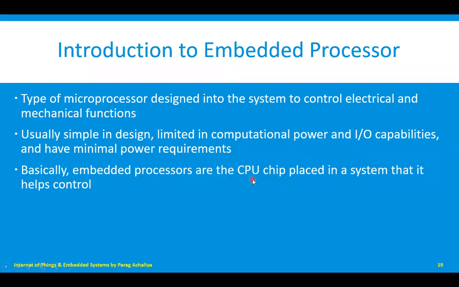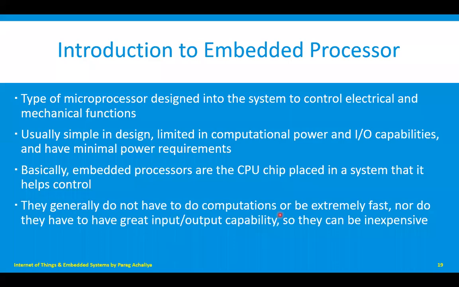Basically, an embedded processor is a CPU chip placed in a system that it helps control. So generally, those embedded processors are mounted in the CPU chip where that system is going to be used, or where that system is going to control other functionalities of the system. They generally do not have to do computations or be extremely fast.